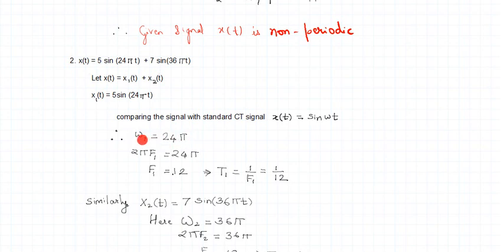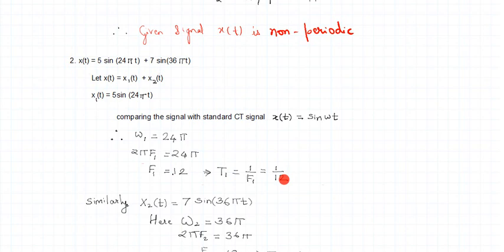Expressing the frequency in hertz, 2 pi f1 is equal to 24 pi, so f1 turns out to be 12 hertz. We take the reciprocal of it and we get the fundamental period of the first signal x1(t) to be 1 by 12 seconds. So the fundamental frequency f1 of the first component x1(t) is 12 hertz, whereas its fundamental period is 1 by 12 seconds.